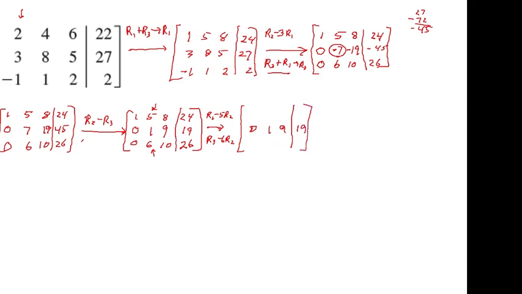Close my bracket there. Okay, row 1 minus 5 times row 2. 1 minus 5 times 0 is still 1. Notice that doesn't change. 5 minus 5 times 1 is 5 minus 5, which is 0. Good. 8 minus 5 times 9 is 8 minus 45, which is negative 37.